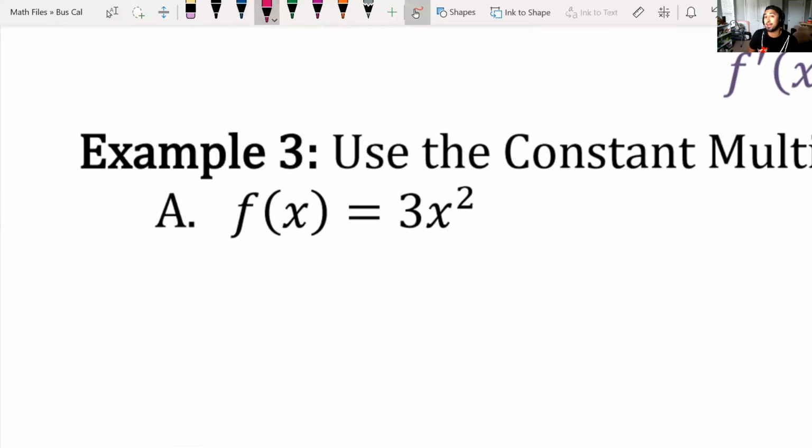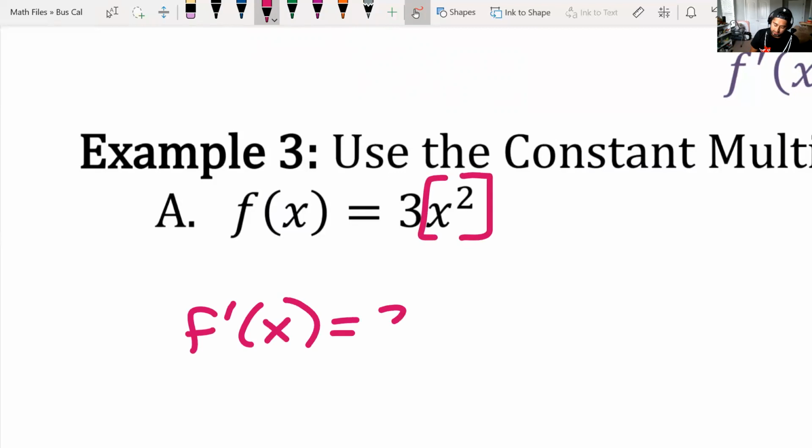This means when we take the derivative of this function, all we're looking at is this function x squared, which means when I take the derivative, f prime of x, that 3 stays outside, and inside we have the derivative of x squared.